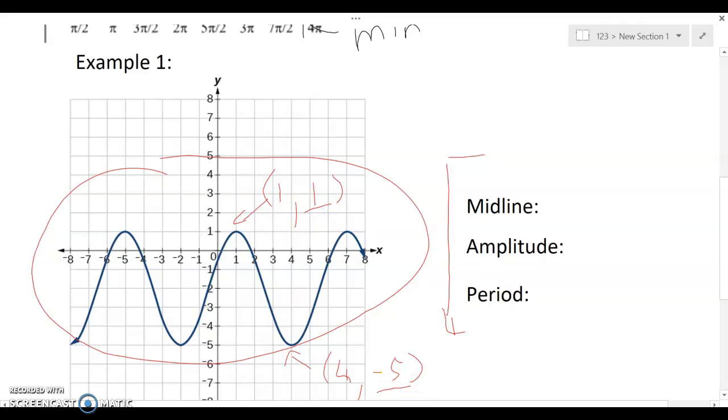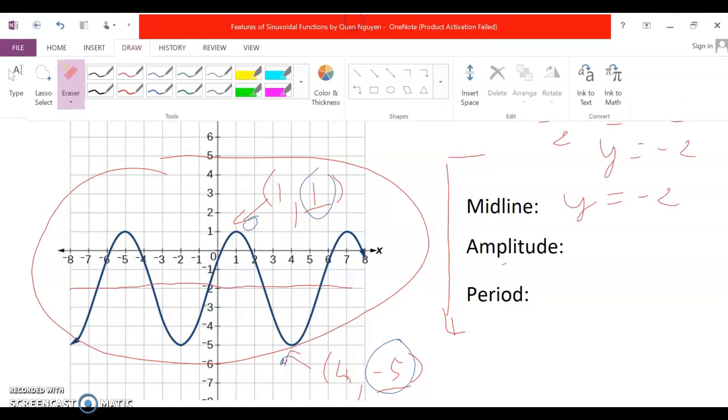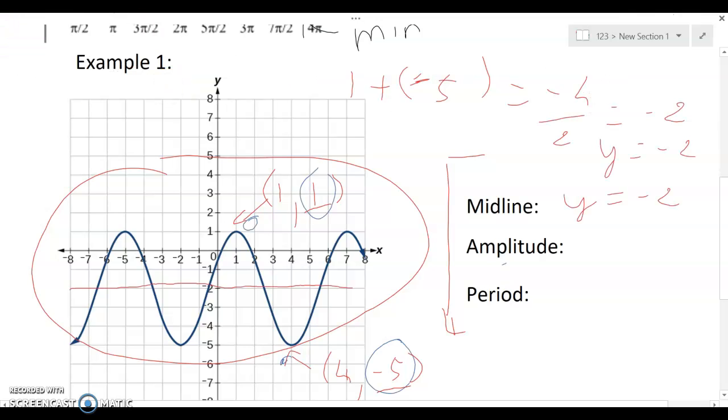Alright, to find the midline, since it's a horizontal line crossing the y-axis, we will use the two y values and add them together: 1 plus -5, which equals -4, divided by 2 gives negative 2. With the maximum and the minimum value, we can simply count the number of spaces from the maximum point to the midline and from the minimum point to the midline.